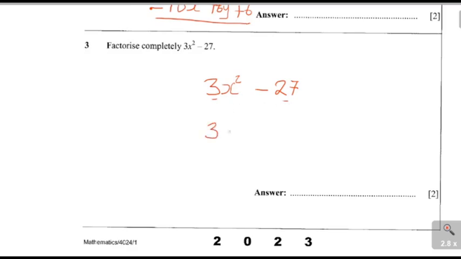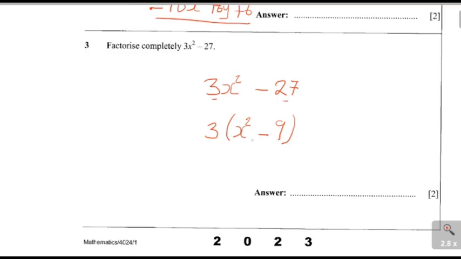It's 3, open bracket. 3 into 3 gives x squared, because you have factorized 3 outside the brackets, minus 3 into 27, which is 9, because 3 times 9 gives you 27. Now from here you have x squared minus 9.